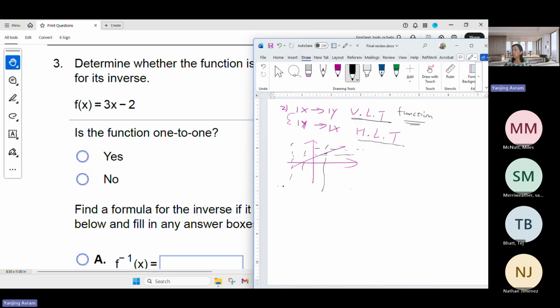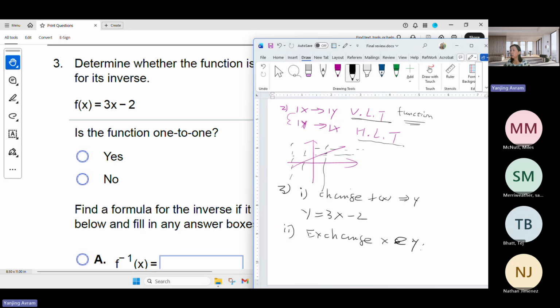So if you want to find the inverse, step 1, rewrite the f of x into y. So we have y equal to 3x minus 2. Step 2, you need to switch or exchange x and y.